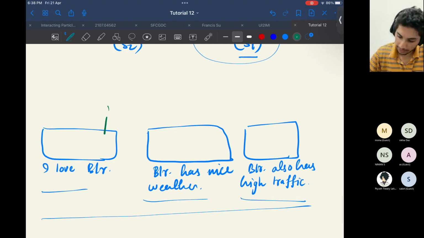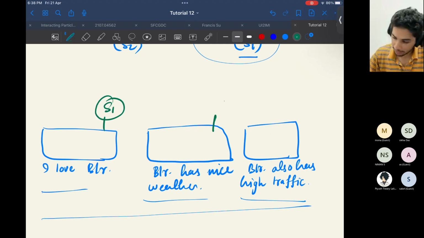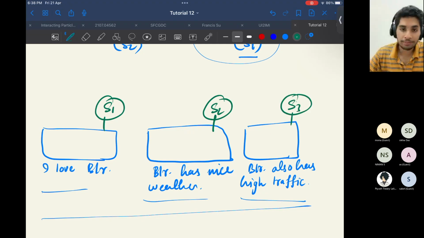these sentences, right? So this will give you some summary S1, this will give you some other summary S2, and this will give you some other summary S3, right? So what each of these RNNs has done here is that they have summarized each of these sentences.